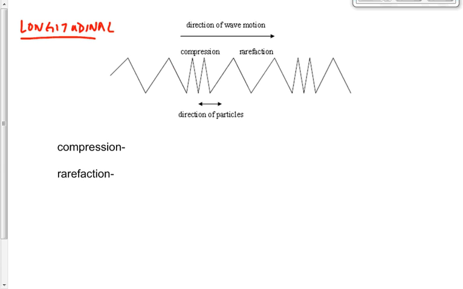The compressions were areas where we had a higher density of the medium that carried the wave. The rarefactions were those areas that followed the compressions, where it was lower density. They roughly correspond to crests and troughs. We just don't call them crests and troughs because it's not bumps and dips. It's higher density and lower density.